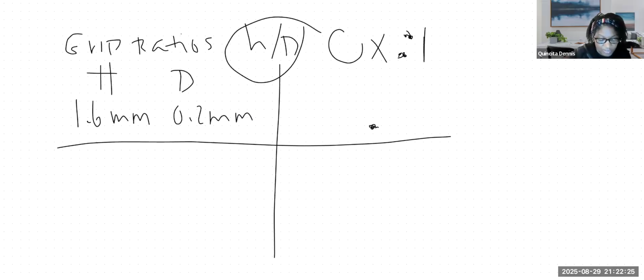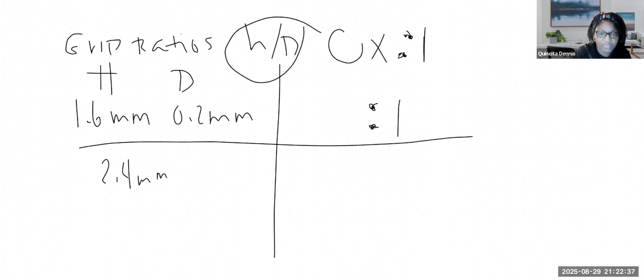All right, the second one is 2.4 millimeters height, and the distance between the strips is 0.4 millimeters.